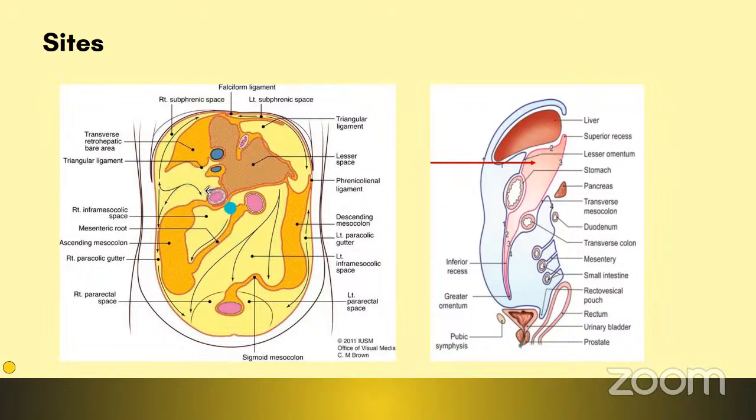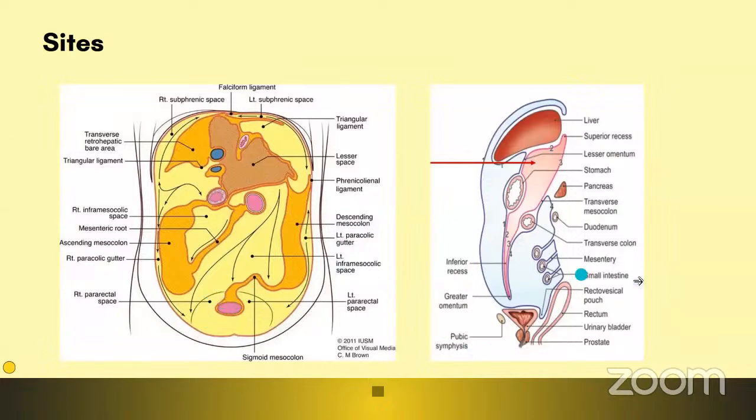So these are the spaces which we'll be dealing with, namely right and left subphrenic area, and this is the triangular ligament area. And since we would have the kidney here, we also would have something called Morrison's pouch here. So in between liver and kidney, and we have paracolic gutters, right and left, and we have pelvic areas.